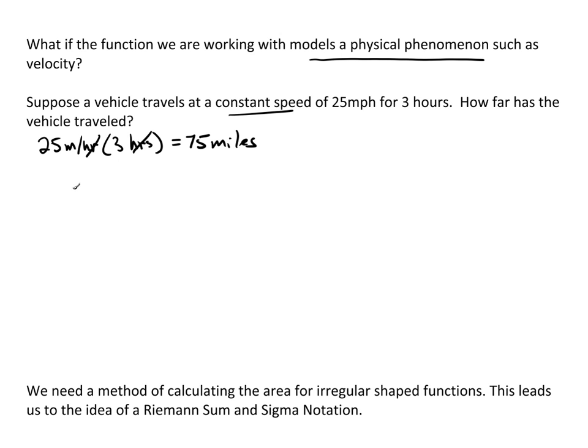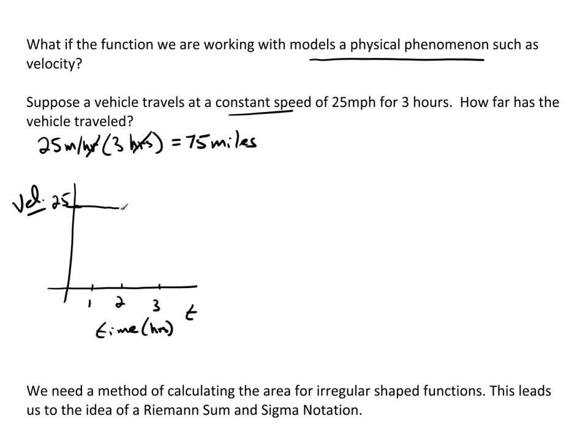But what if I draw this? Think of it this way. What if I draw this with the t-axis, where here's 1 hour, 2 hours, 3 hours, and this is the time axis in hours. And up here is the velocity. And I'm at 25 miles an hour. And I stay constant at 25 miles an hour for 3 hours.